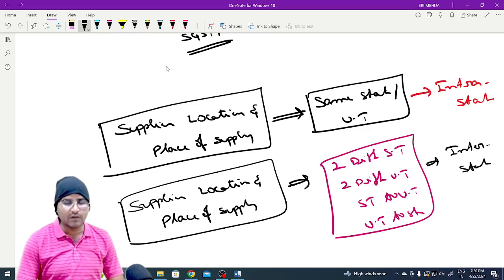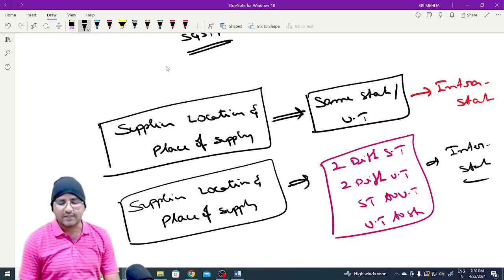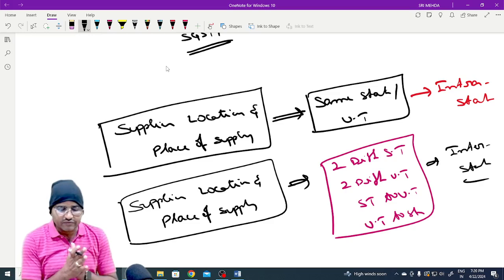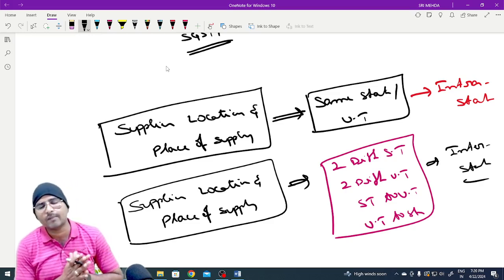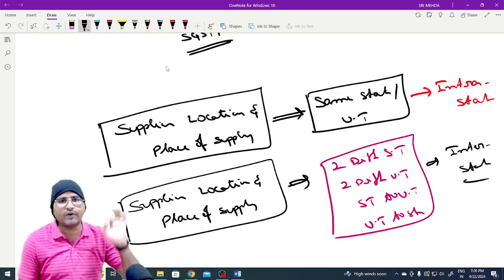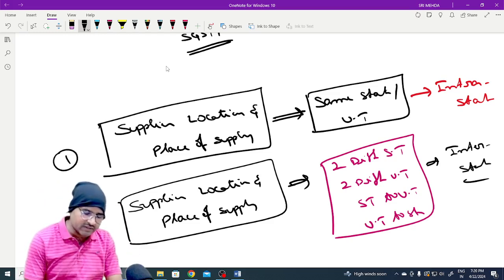Right? So intrastate supply and interstate supply. Now, in case of the intrastate supply, we are liable for payment of CGST and SGST. In case of the interstate supply, we are liable for payment of IGST. Are you clear with this?